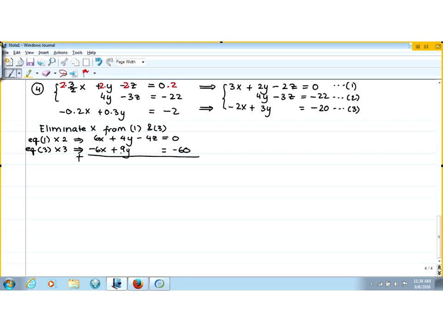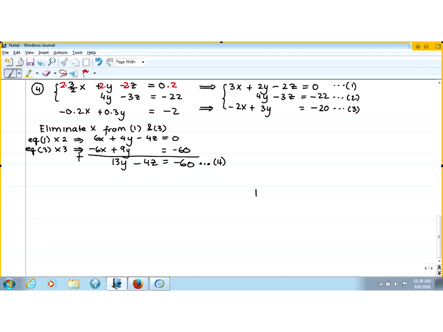All right. So what do we have now? 13y minus 4z is negative 60. So I'll label this equation 4. Do I need an equation 5?